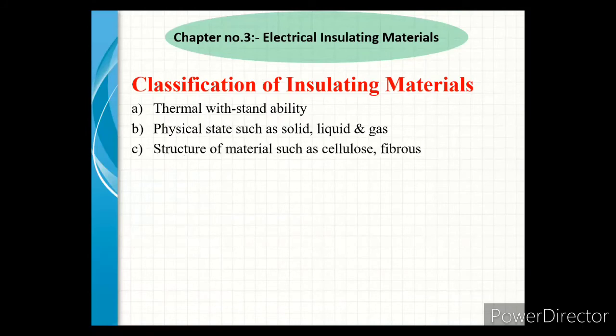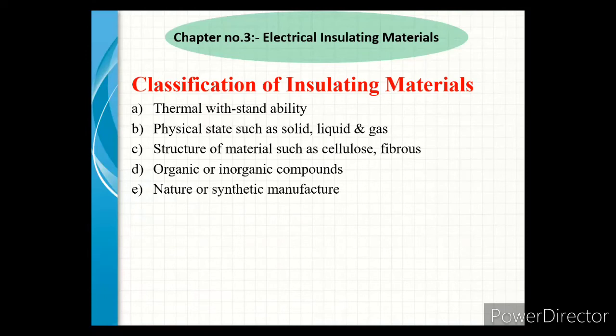Third class is by structure of material, such as cellulose, fibrous. Next class is organic or inorganic compounds. Another class is natural or synthetic manufacture.